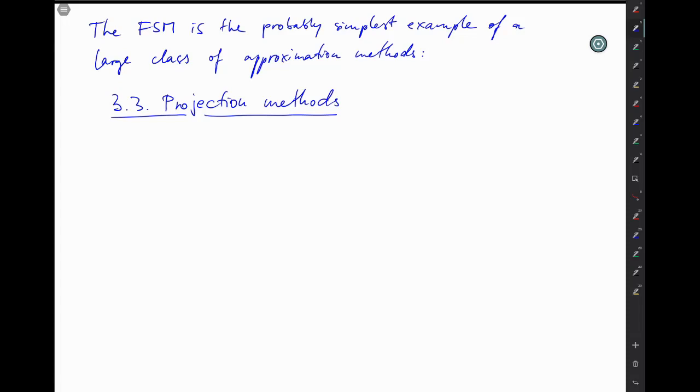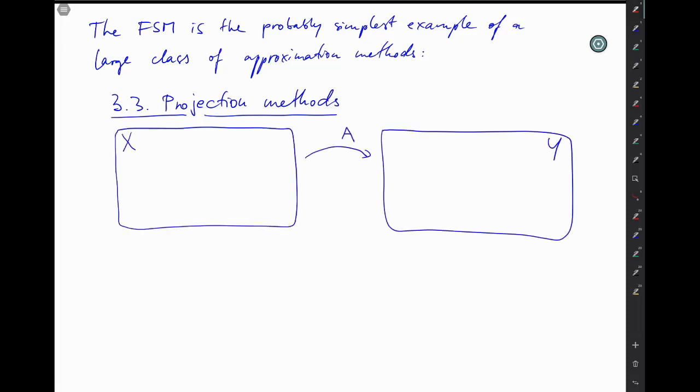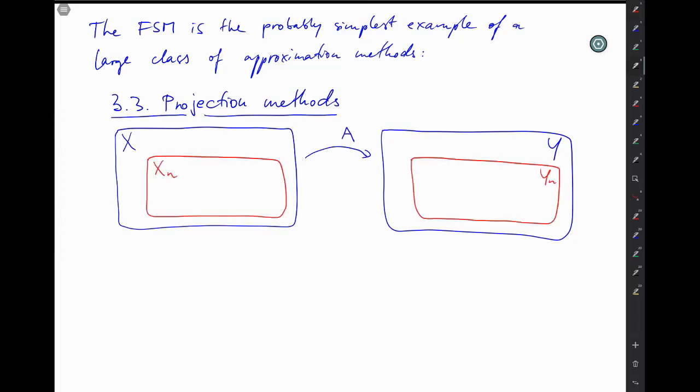Okay, so at first there's our operator A between the spaces X and Y. And then you start to look at typically finite dimensional subspaces Xn of X and Yn of Y. For the FSM, X and Y are typically sequence spaces, so the elements are infinite vectors, if you want to say so.